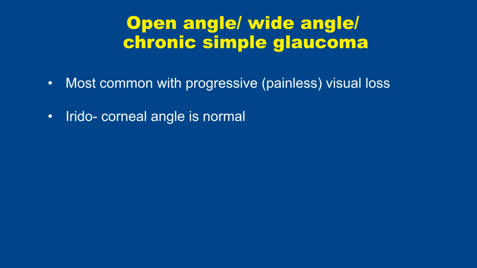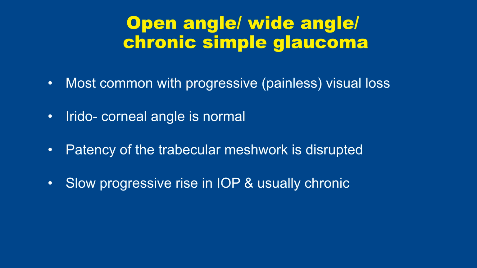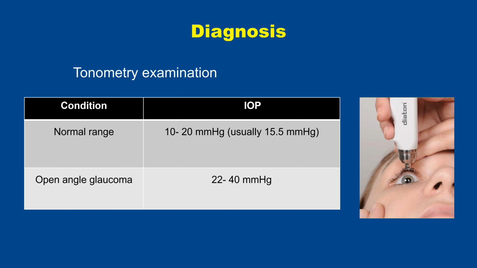It is the most common type, with progressive painless visual loss, and there is a decreased patency of the trabecular meshwork. It is also a slow progressive rise in intraocular pressure, usually chronic type. Now diagnosis.